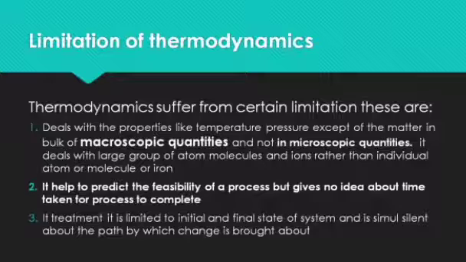It helps to predict the feasibility of processes but gives no idea about the time taken for the process to complete. Its treatment is limited to the initial and final state of the system and is silent about the path by which the change is brought about.